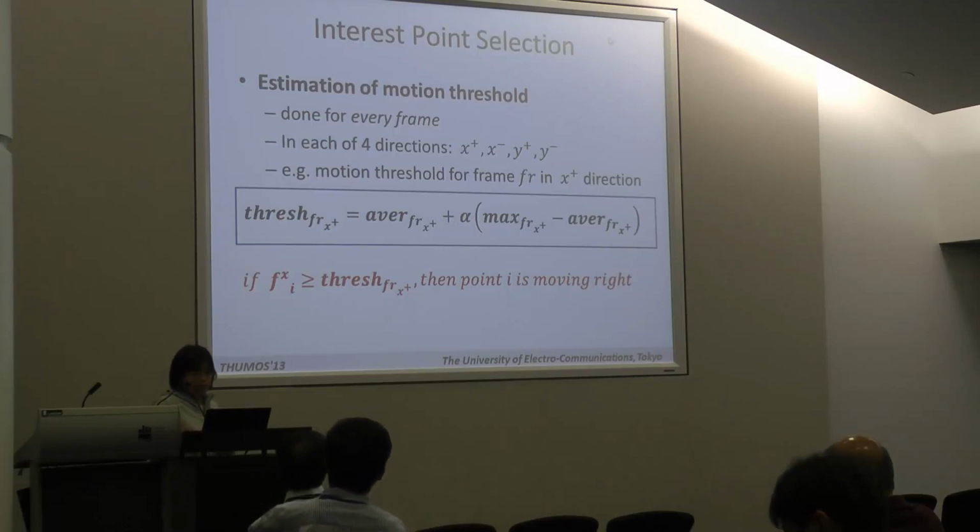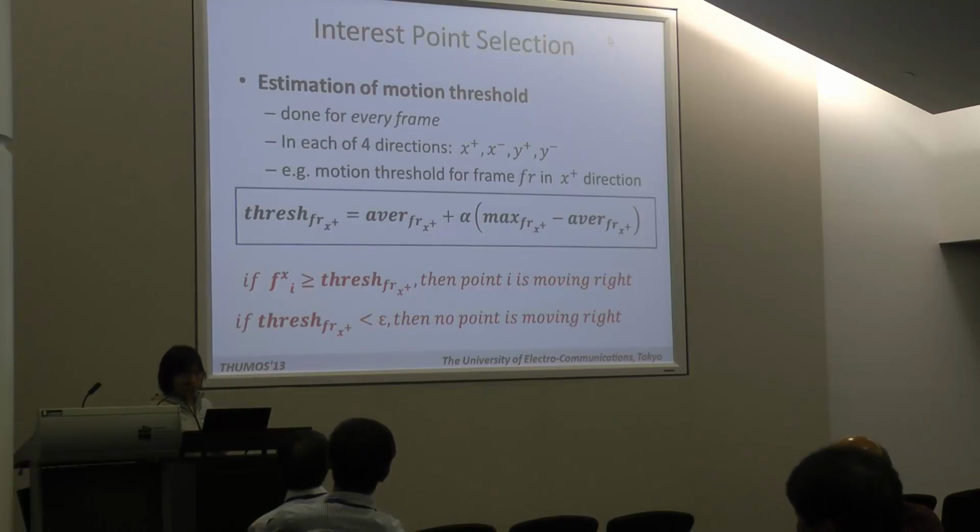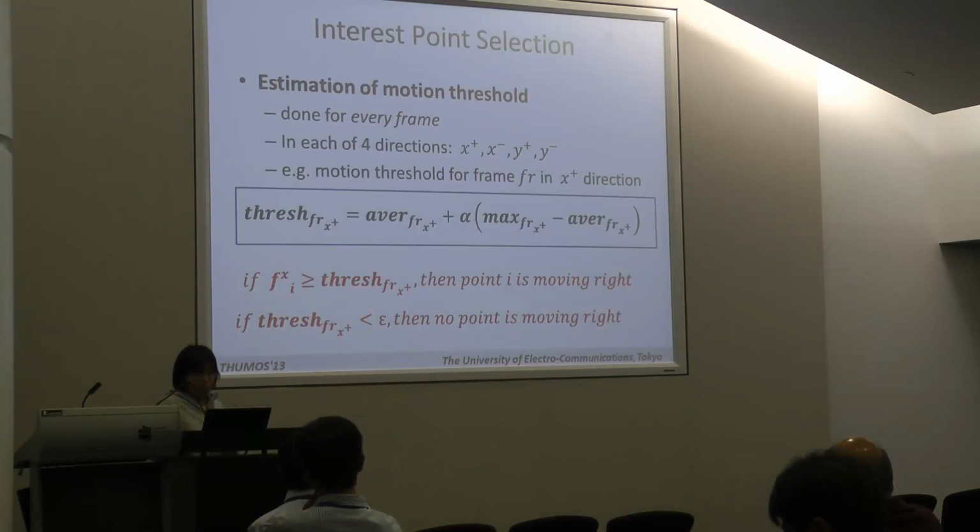We also consider the case when nothing is moving in a specific direction. So if the threshold of that direction is smaller than epsilon, no point is moving in that direction. In our experiment, epsilon is fixed as 1.